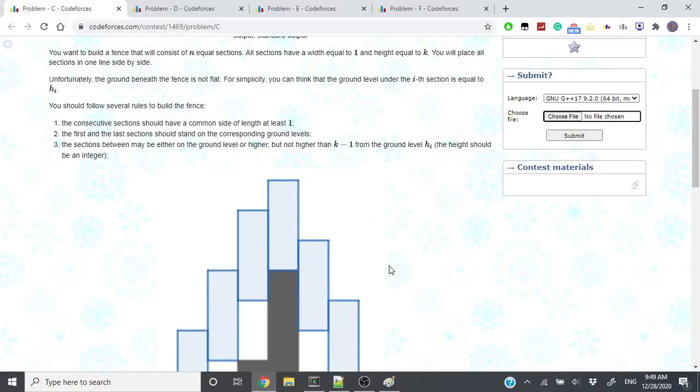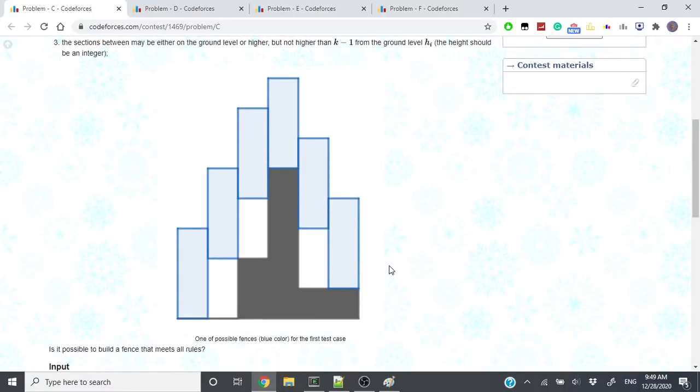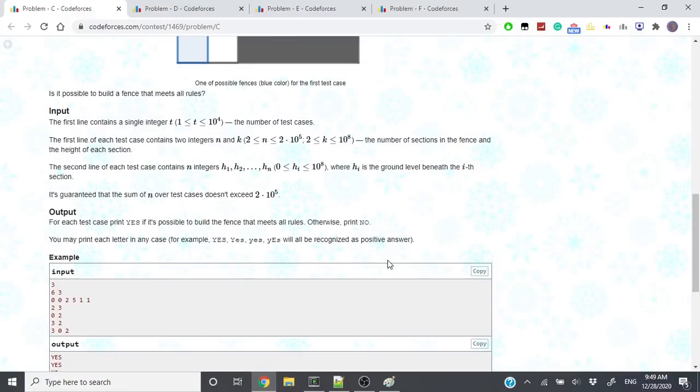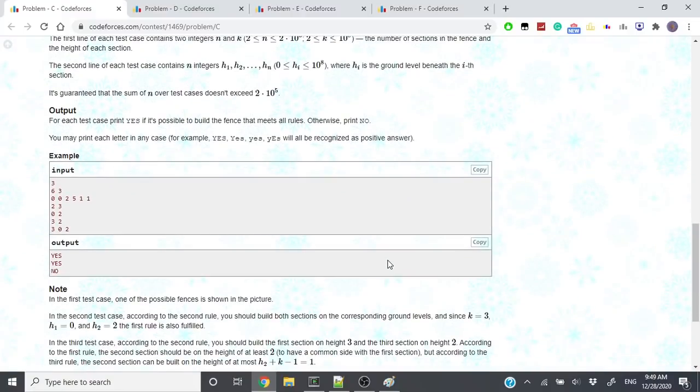Sections between may be either on the ground level or higher, but not higher than k minus 1 above the ground level. Is it possible to build a fence that meets all rules?